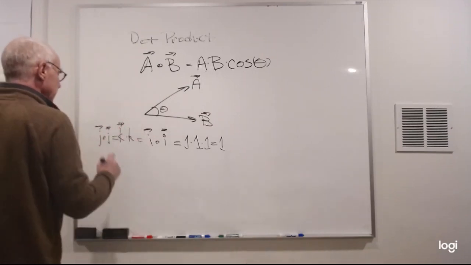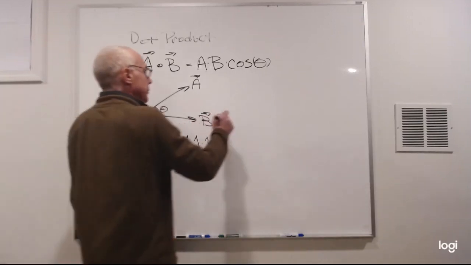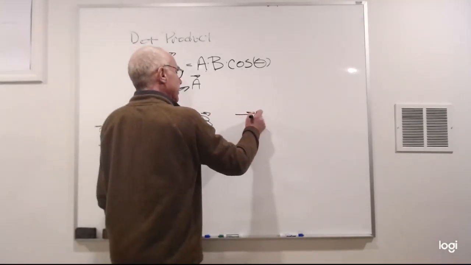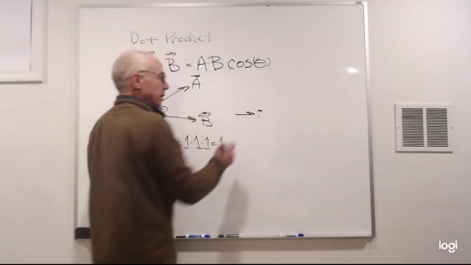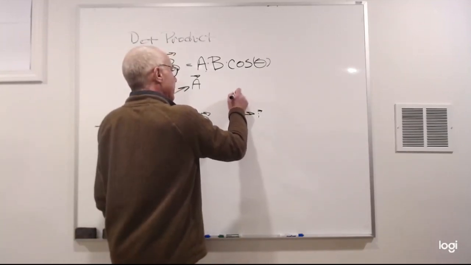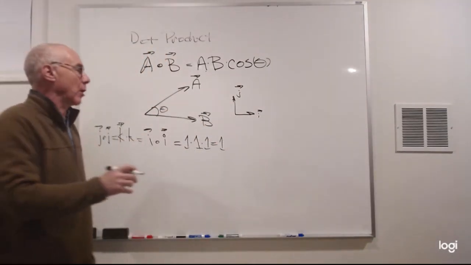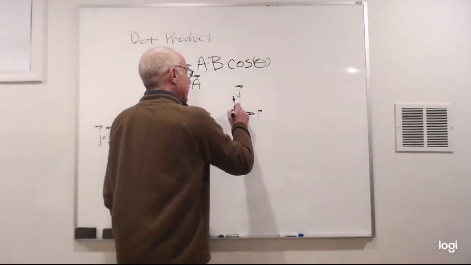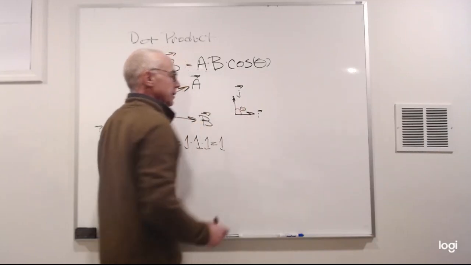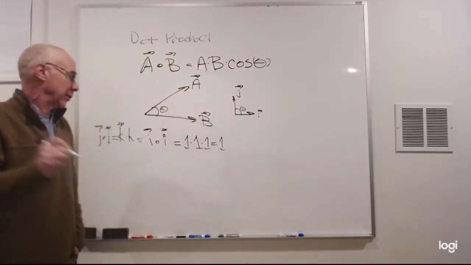All right, that's good. Now, what if we multiply i times j? So it would be like an i vector and a j vector. Both of these, of course, being unit vectors. They have magnitude of 1. But in this case, we have a theta value of 90 degrees. Cos 90, what is it? 0, right?